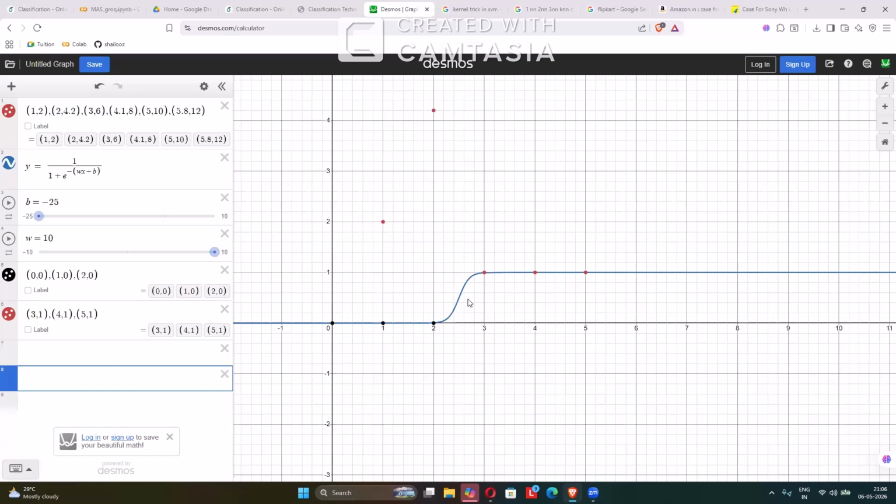Are you getting my point? Instead of simply taking y is equal to wx plus b, I am taking another function, 1 by 1 plus e raised to minus (wx plus b).